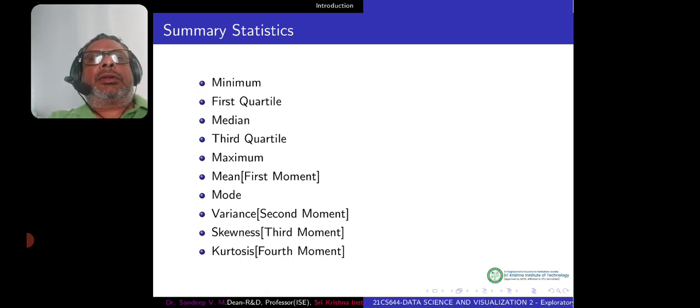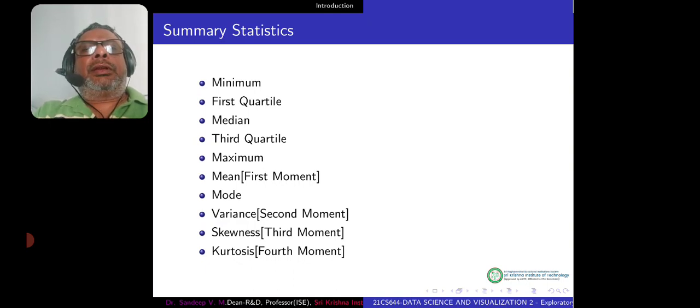Then we can calculate the mean, that is the first moment. In the normal case, it is the average of all the data if it is a continuous domain. Then the mode is the one usually used with discrete domain data. That's the value which is repeated the maximum number of times.